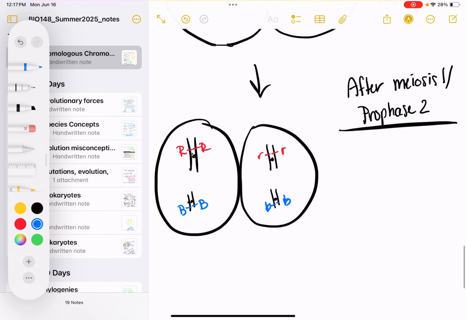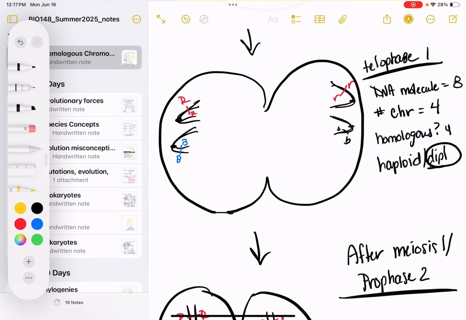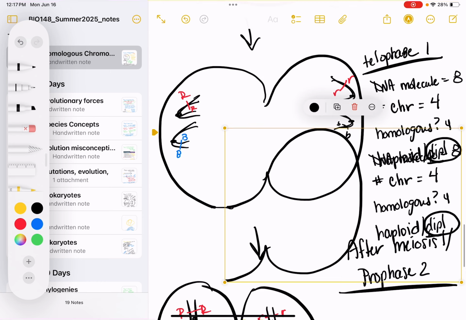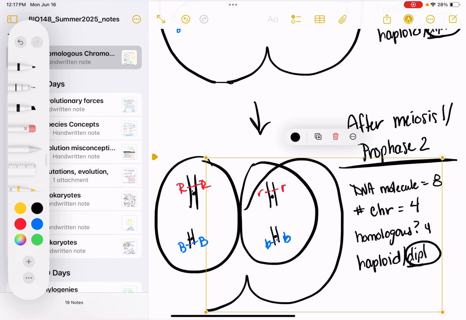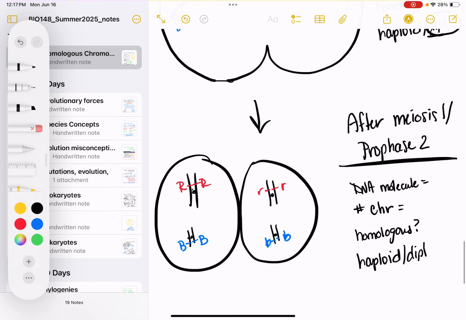Now after meiosis 1 and at prophase 2, I can ask the same set of questions. This information is for each cell.